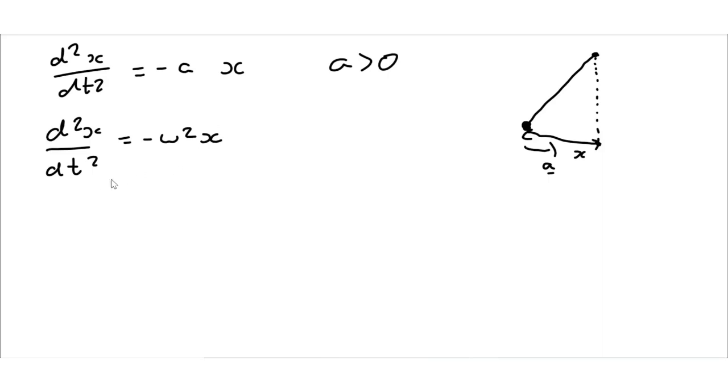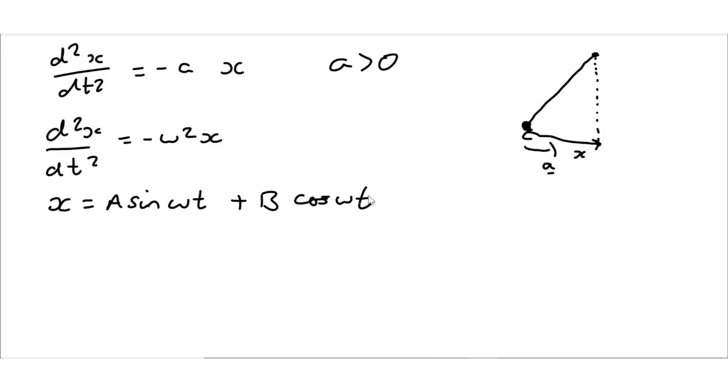So if we look to solve this, we need to think of a function that when it's differentiated twice is proportional to minus some constant. And it turns out the general solution, if you think about it for a second, I'm sure you can get this, is x is equal to a sine omega t plus b cos omega t.